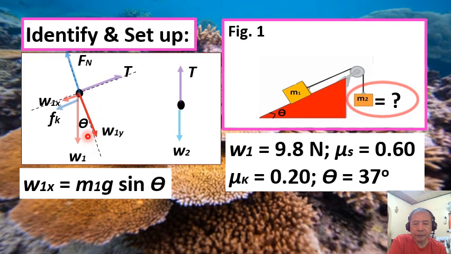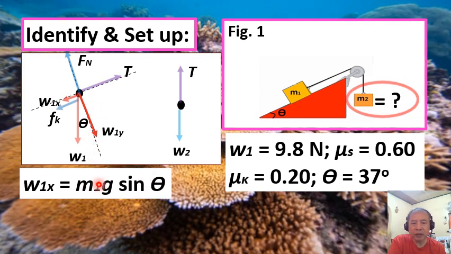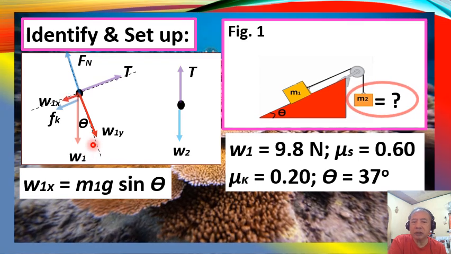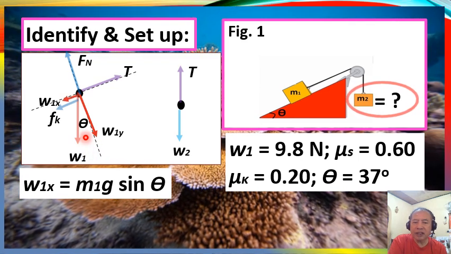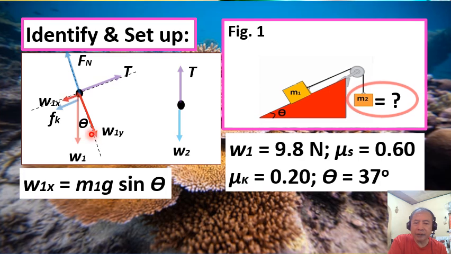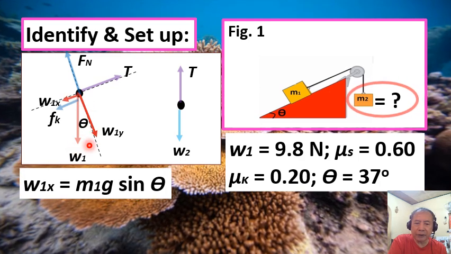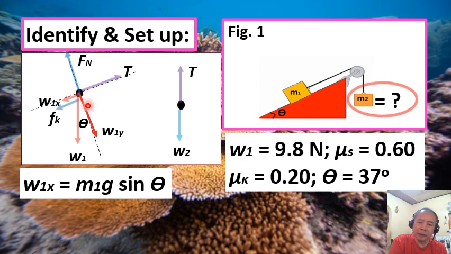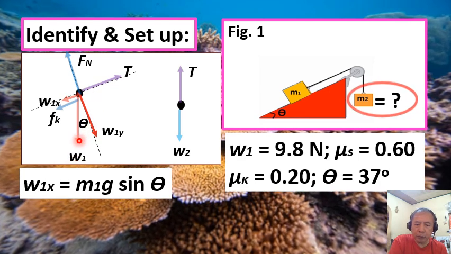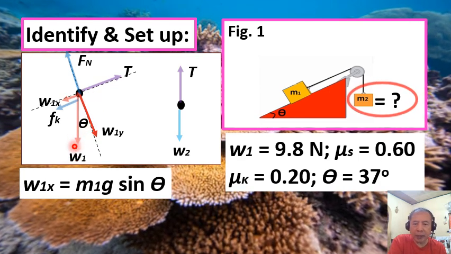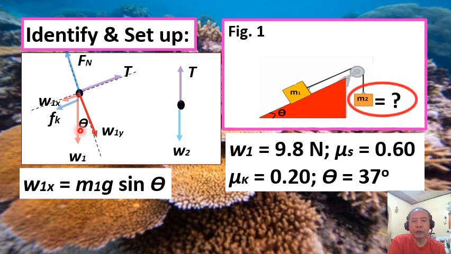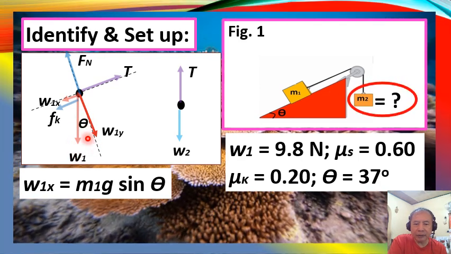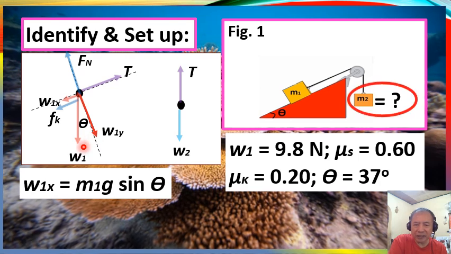We choose sine because W1x happens to be the side opposite the angle theta. You can imagine a right triangle with W sub 1 being the hypotenuse, and W sub 1x being the opposite side.